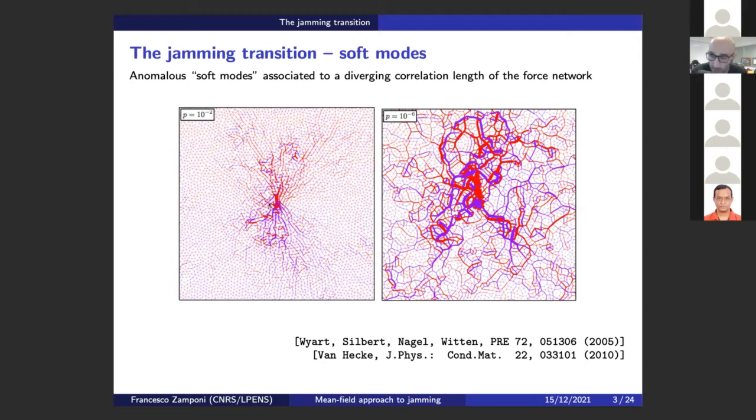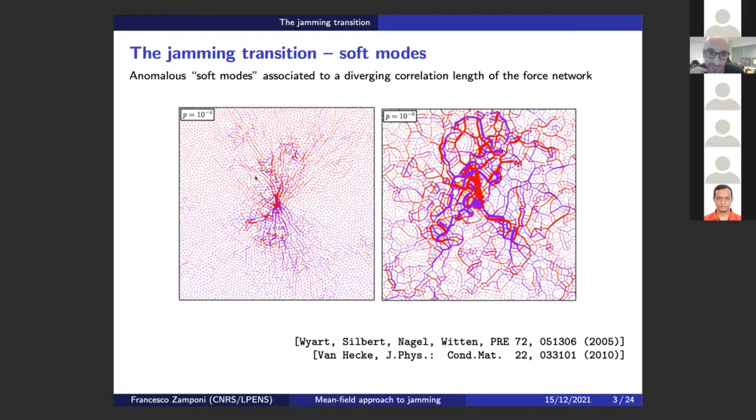So they move one particle a little bit, they relax the system to an energy minimum, and they look at how the forces change on the links. When it's red, I think the force is increasing, when it's blue, it's decreasing.